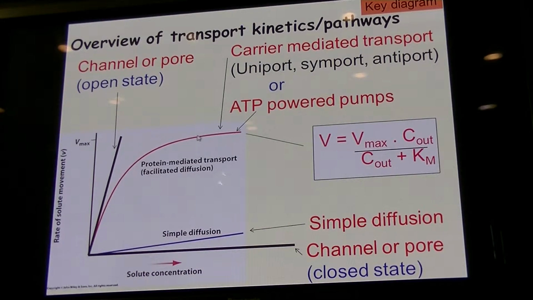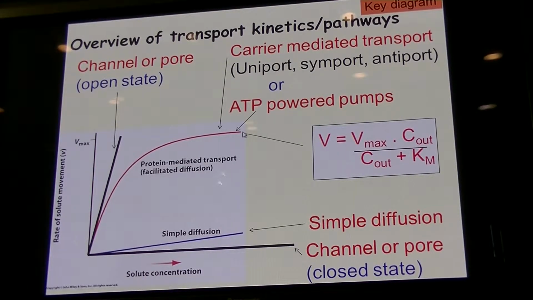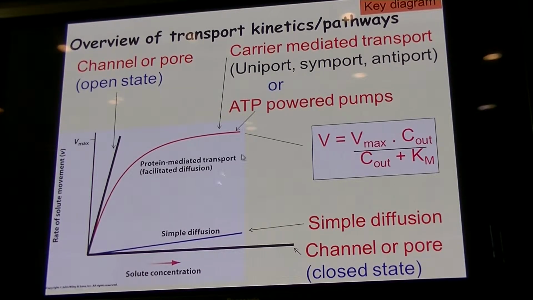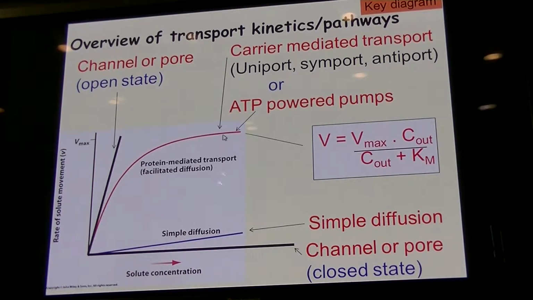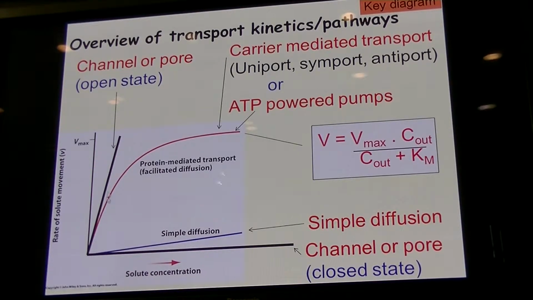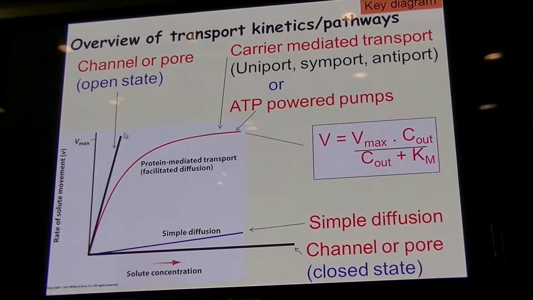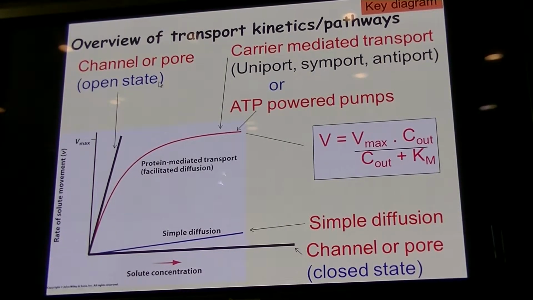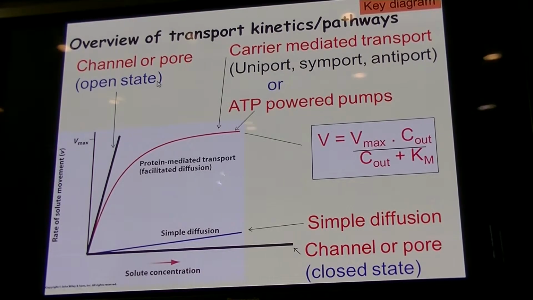Or if you have this saturating curve here, this curve indicating saturation, then we have either a carrier or a pump. And if ATP is also required, then we think we have a pump. And if we have this very steep, straight line, not saturated, then we think we have a channel or a pore.